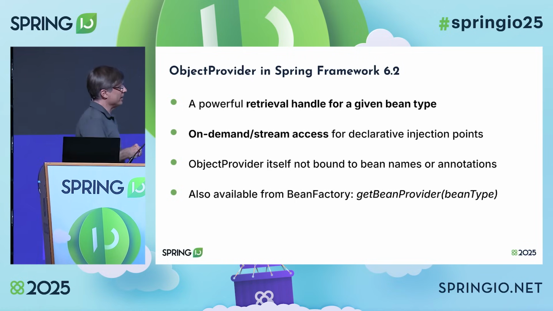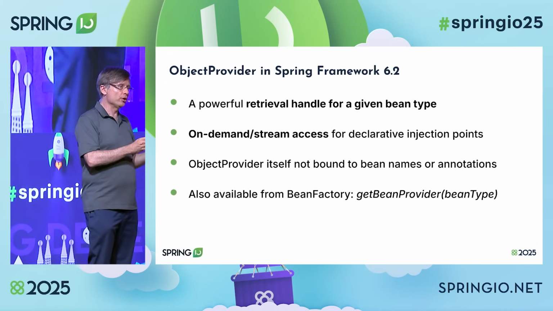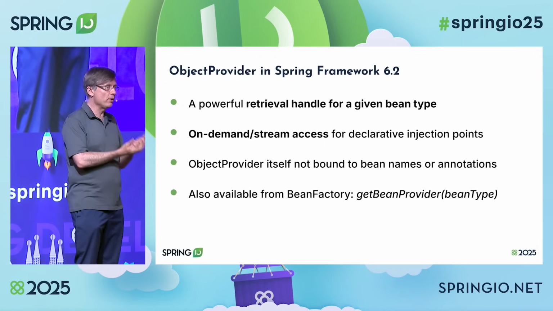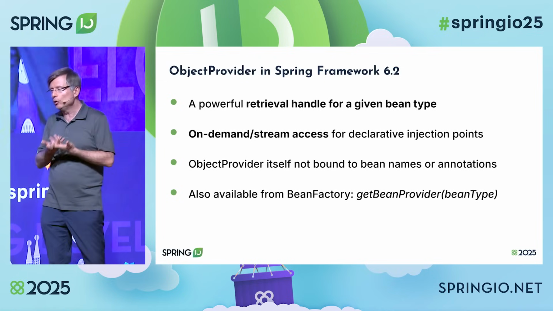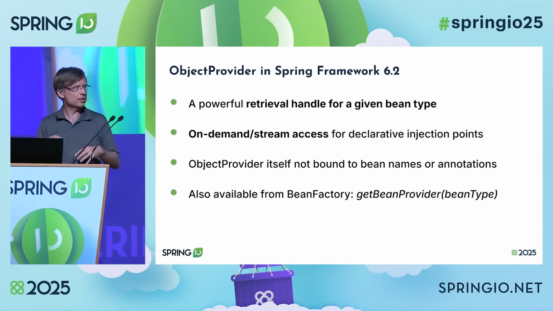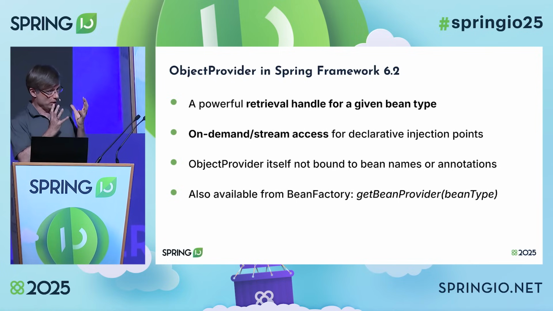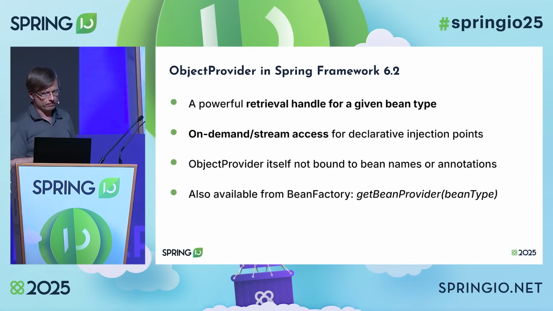Note that object provider design-wise is not bound to bean names or annotations. It does not have the notion of a bean name or an annotation within the handle. Object provider is exclusively about type-based checks, single or multiple candidates, otherwise just type-based. No other design concern in the object provider API itself.